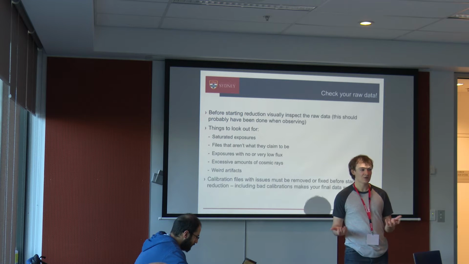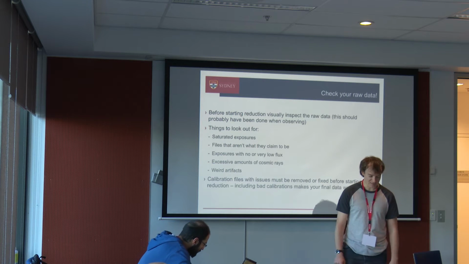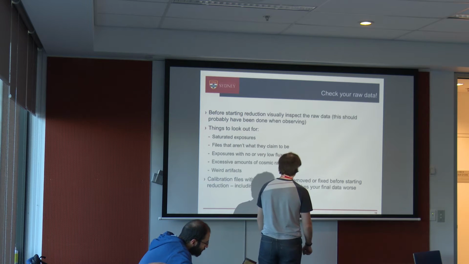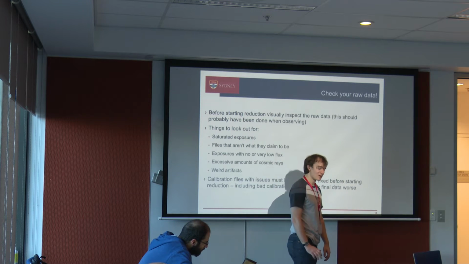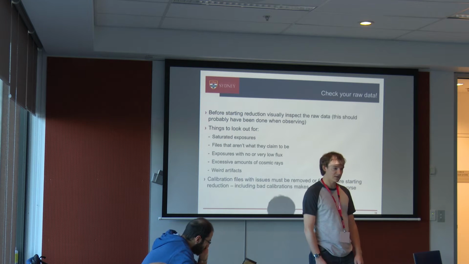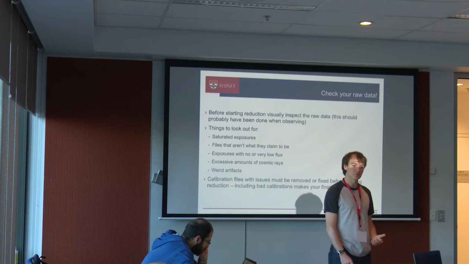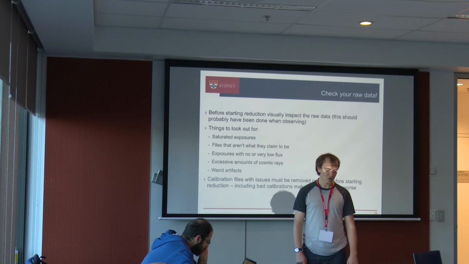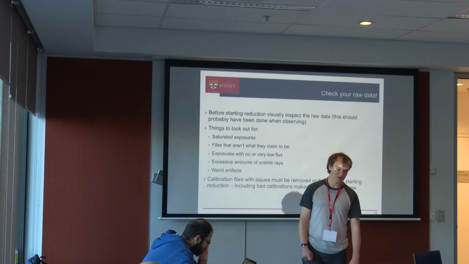So again, check the data, make sure it looks like what you expect it to look like. Again, that's something you ideally want to fix when you're observing. You probably need to open the mirror cover at some point to get useful science data, but if it hasn't been fixed while observing or somebody else did the observing, exclude that file from the data reduction. Don't try and use crappy calibrations, because they will give you crappy data.